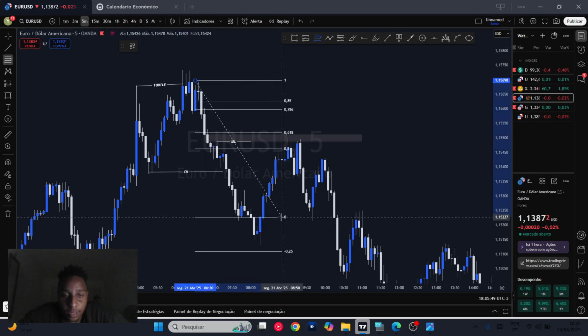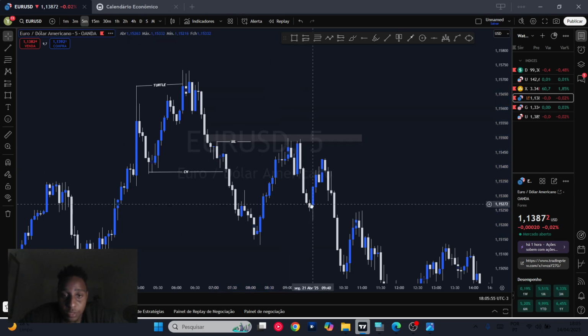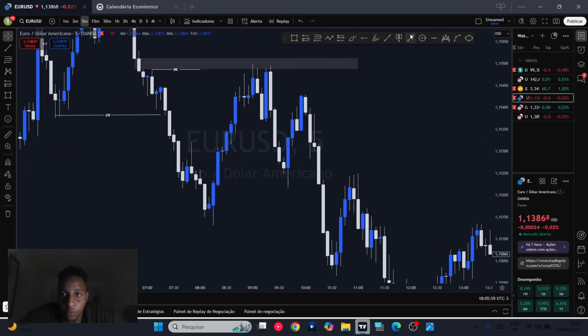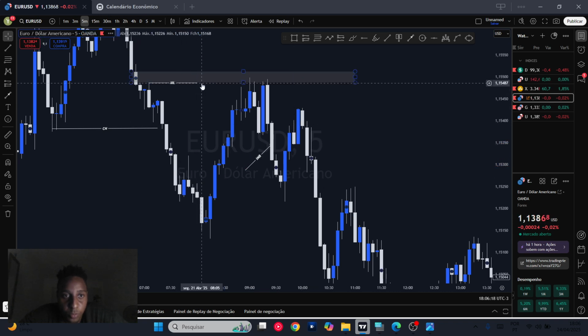If we extend our Fibonacci, we will see that 0.618, 0.78, price is dropping, right? Price is respecting. So within this drop move, we found our imbalance right here. Let me show it another way for you guys to see. We find our imbalance right here. We already know price is moving down because of this liquidity sweep right here.